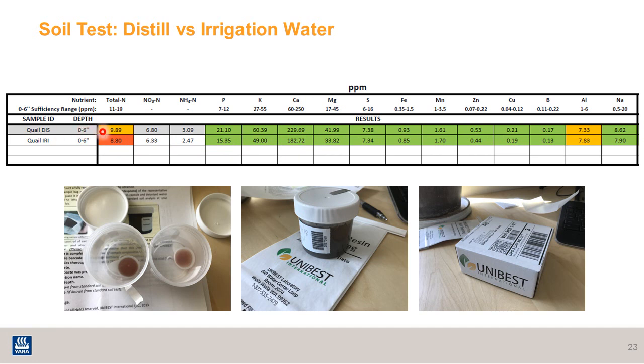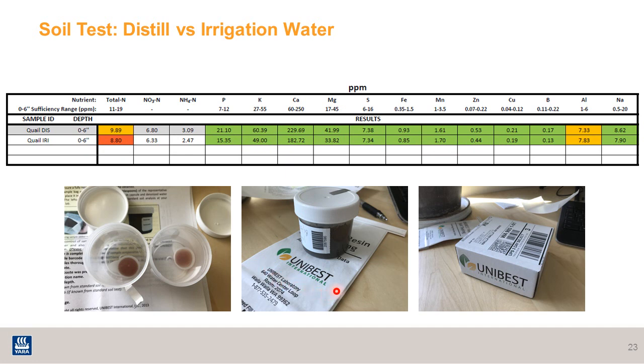Distilled water tends to extract a lot more nutrients out of the soil, as you can see here. And for the irrigation water, some interactions happen between that irrigation water and the soil, and fewer of the nutrients showed up in the test. And that is why I'd rather use tests that are run with irrigation water, so I know exactly what type of nutrients I'll end up having.